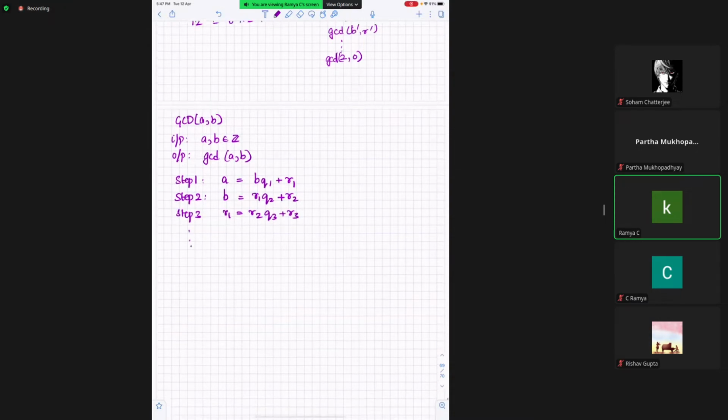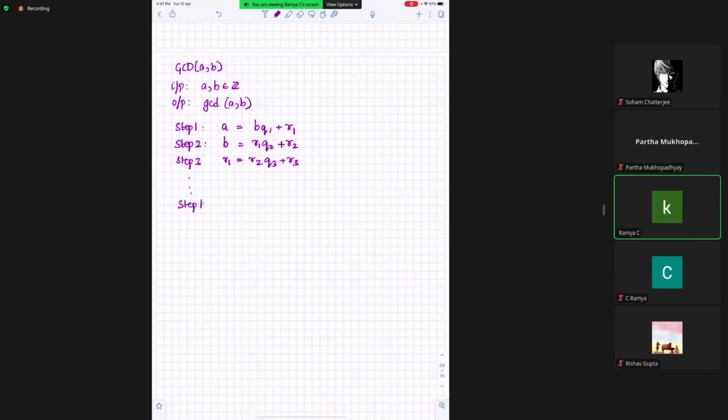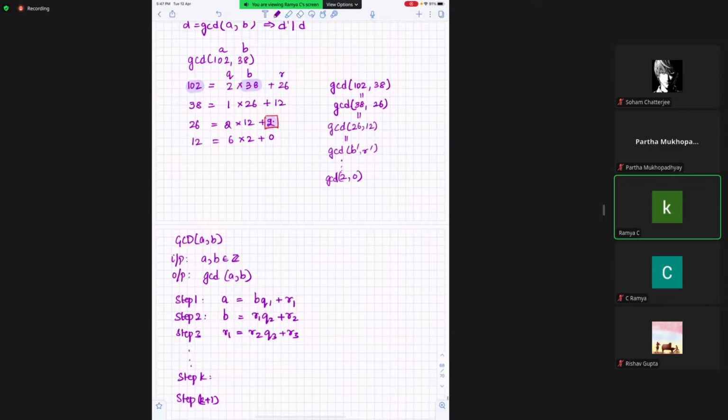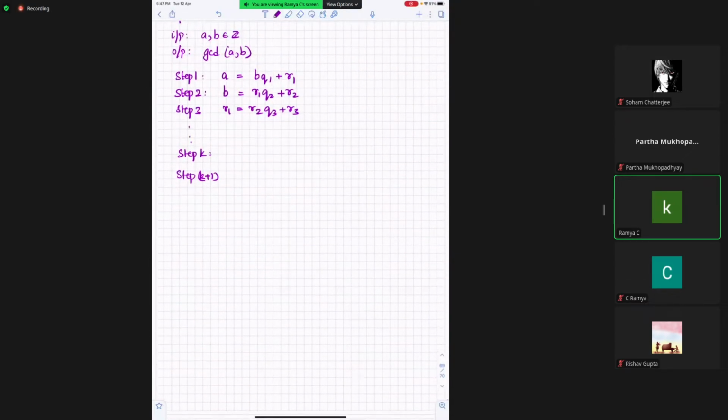So in step K, let's say the procedure terminates in K plus 1 steps. Here it was 4 steps, so K plus 1 was 4. In the K plus 1 step, you will get the last remainder: R(k-1) is Rk times Q(k+1) plus 0.